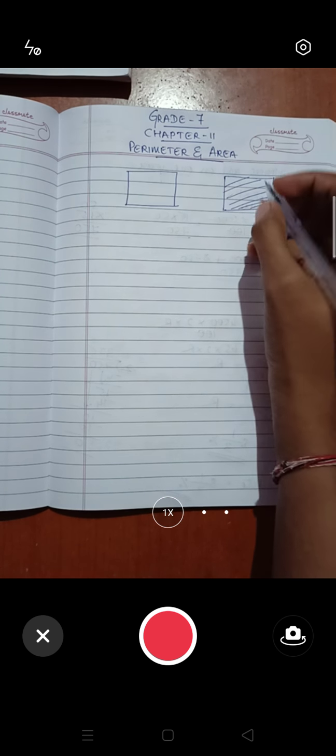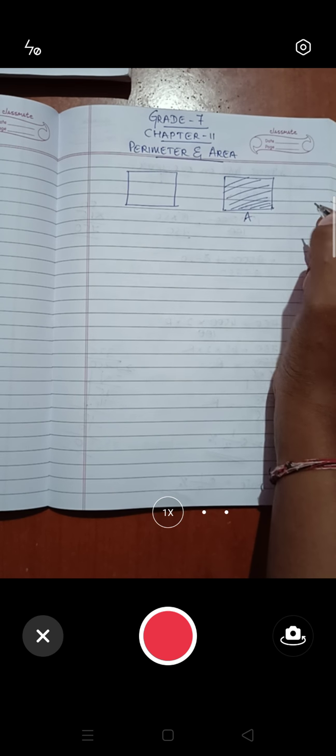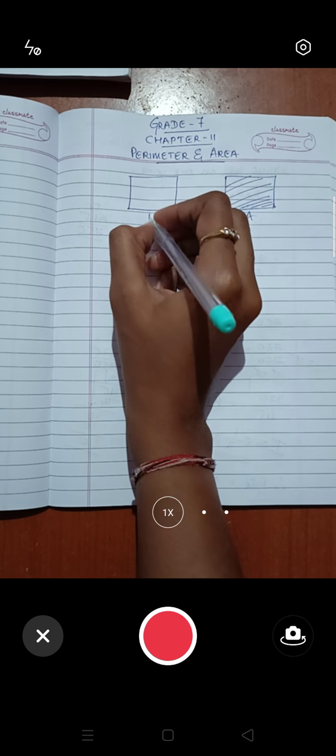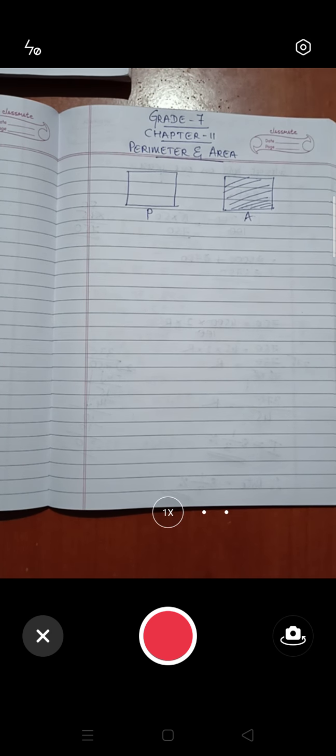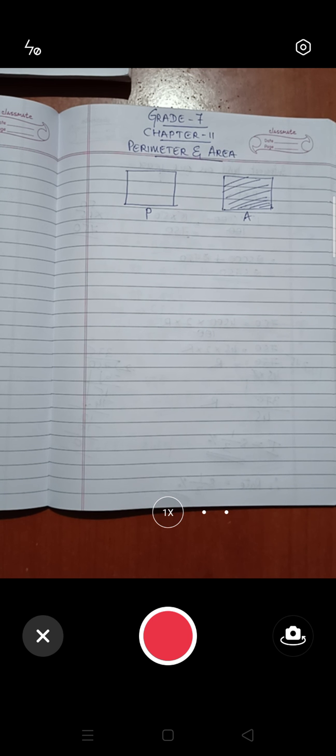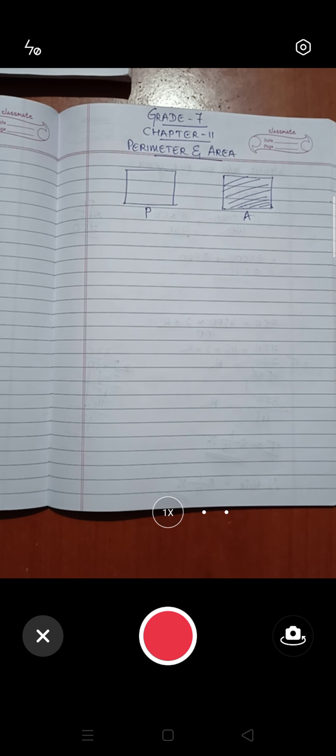So this figure represents area and this figure represents the perimeter. This is the only difference. And we have also learnt about the various formulae regarding the perimeter and area. So let us move on in depth about these concepts.